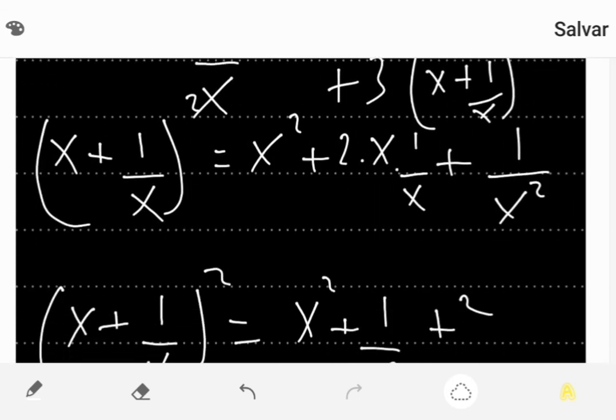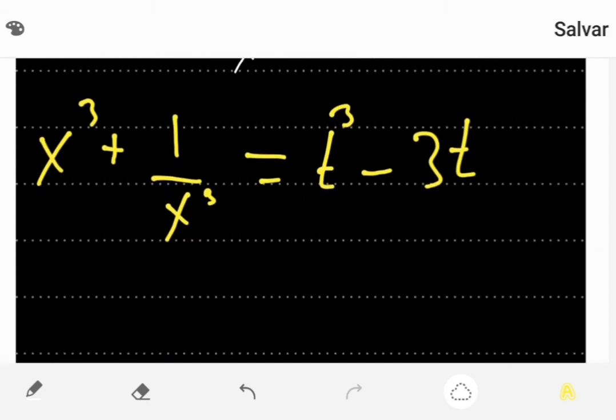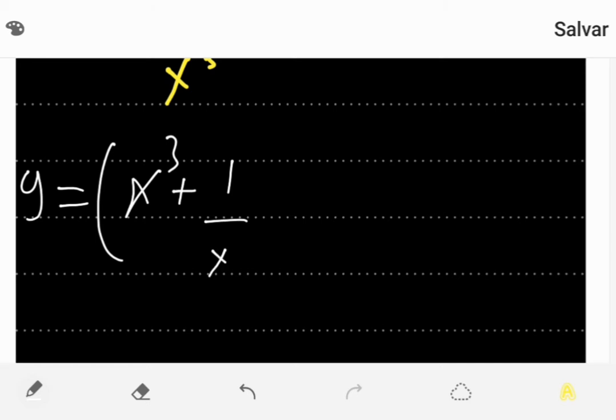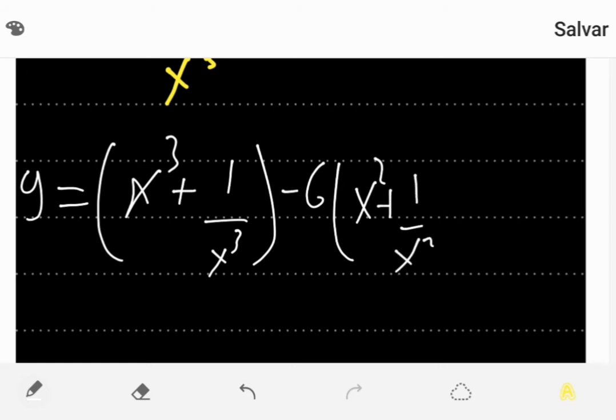I already memorized it. I can write it over here alone. So y is equal to x cubed plus 1 divided by x cubed minus 6 times x squared plus 1 divided by x squared plus 3 multiplied by x plus 1 divided by x, right?